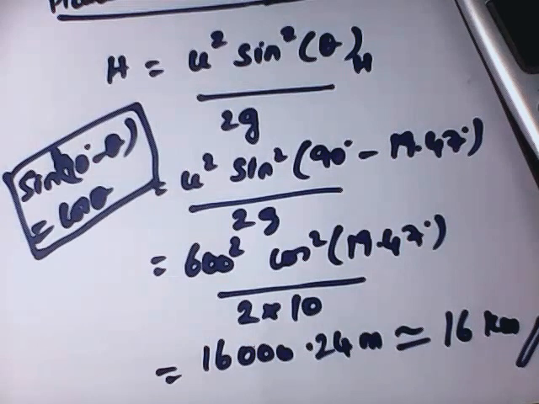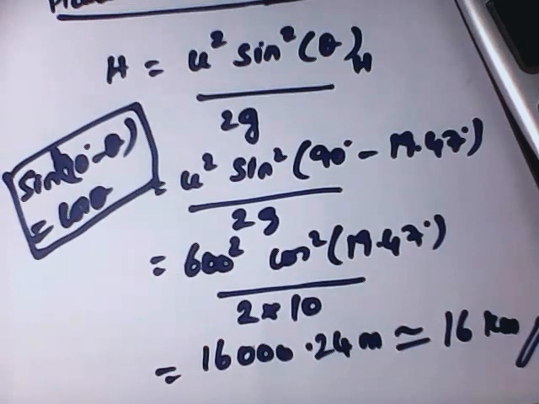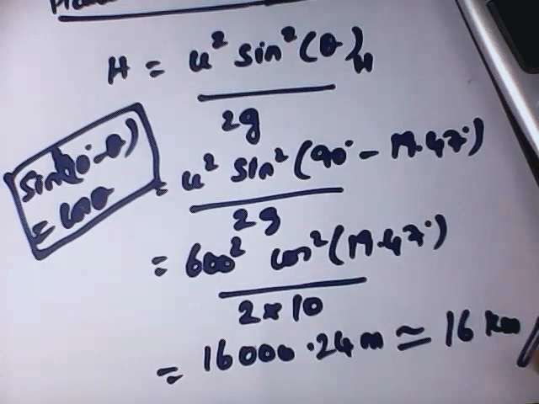So this is the answer, that is, the flight should move above this level, 16 kilometer, to avoid the heat from the shell.